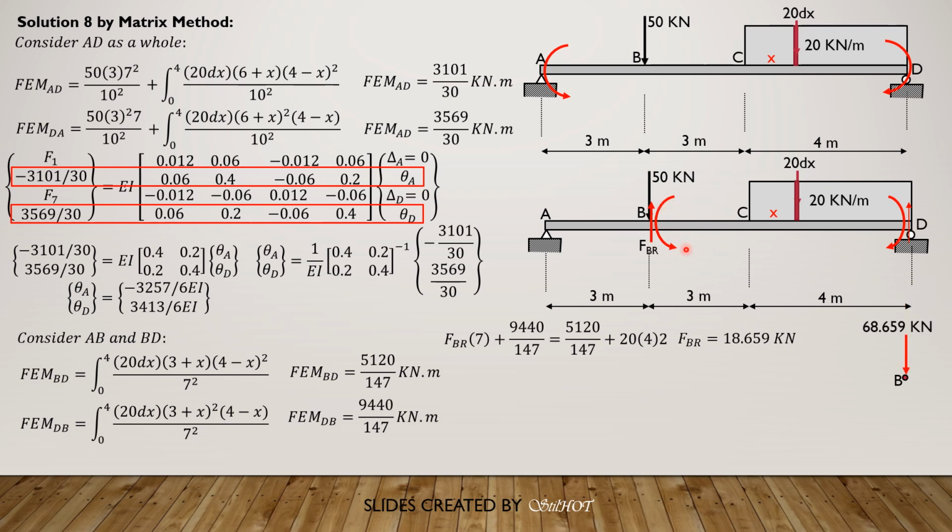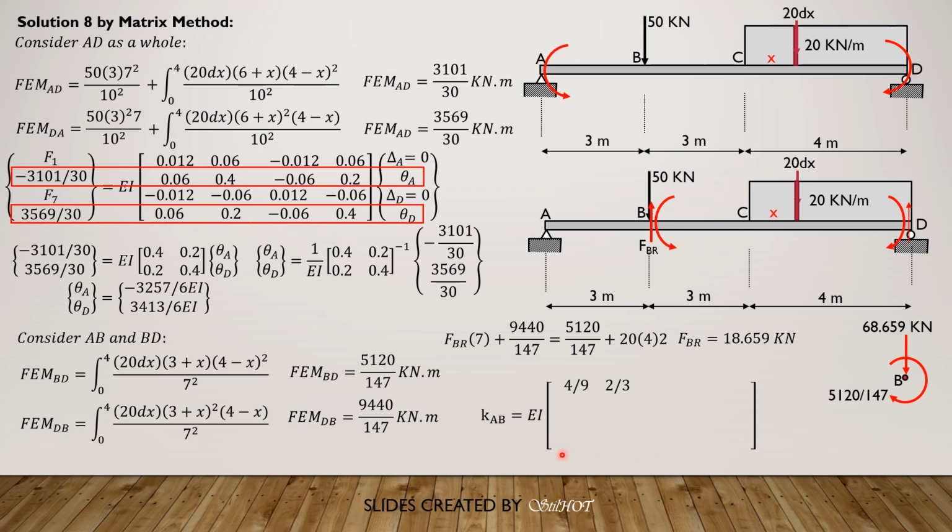And the moment or nodal load as rotation is opposite to this, which is 5120 over 147, and that's clockwise or negative. So that's the load there. At A, there is no moment here because as I said, the 50 kilonewton load is imagined to be acting on a fixed end, because we treat AB as fixed end, as well as B and D, a perfectly restrained beam.